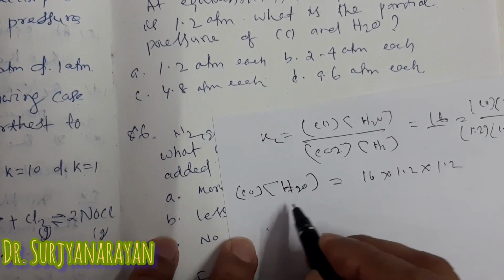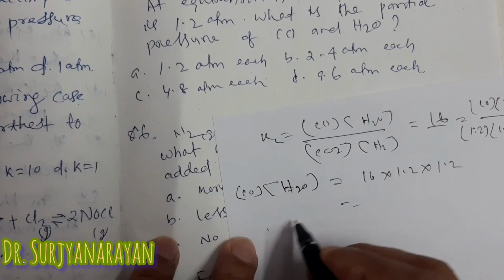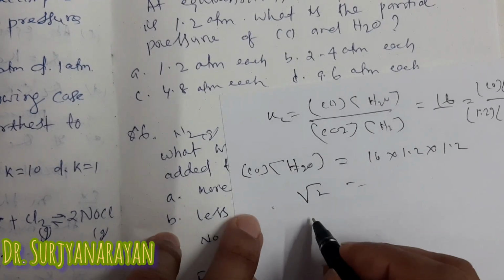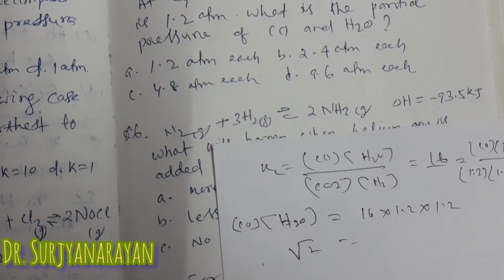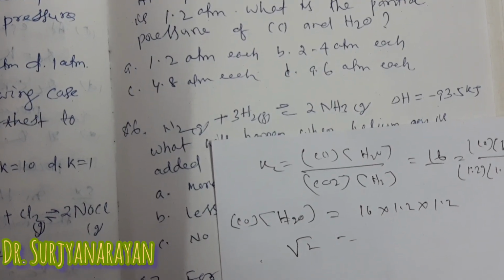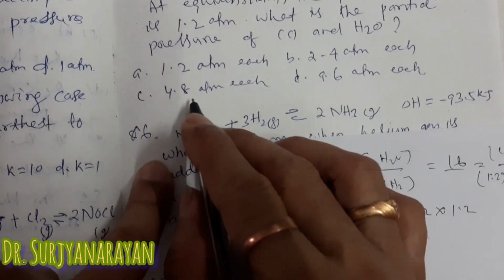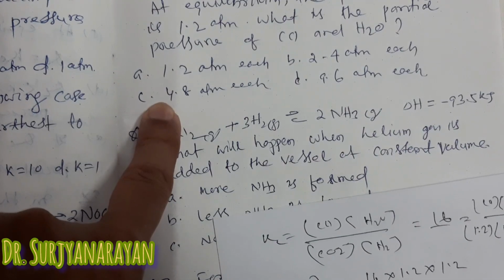By solving, you will get a value, and then taking the root, you will get 4.8 atmosphere. So choice C is the correct answer.